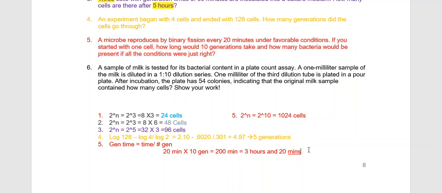All right, so for the next question, this is that serial dilution question. We've done this before in our class once already. We had a lab on it. If you have not done the serial dilution lab, then you probably are going to start talking about it pretty soon.